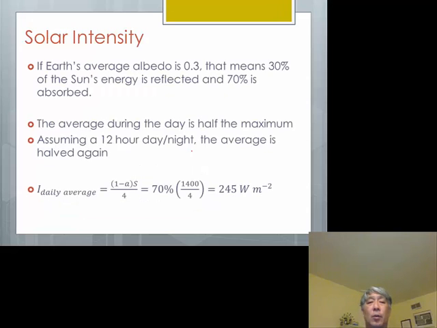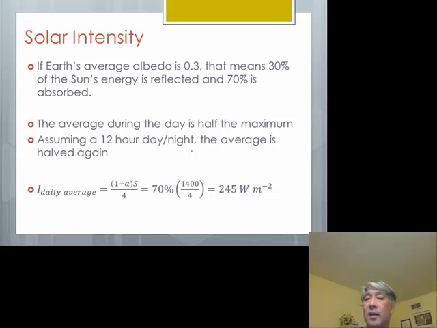So solar intensity. If Earth's average albedo is 0.3, that means 30% of the sun's energy is reflected, and 70% of the sun's energy is absorbed. The average during the day is going to be half the maximum because the angle that the sun hits us makes a difference. That averages out to about half.